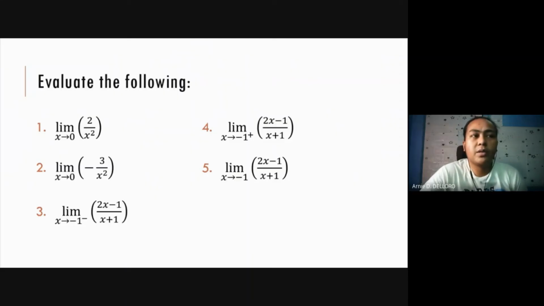And the limit of 2x minus 1 over x plus 1 as x approaches negative 1 from the right. And the limit of the function 2x minus 1 over x plus 1 as x approaches negative 1.